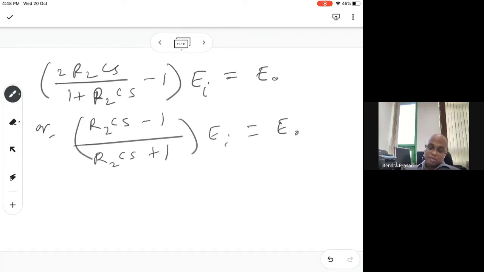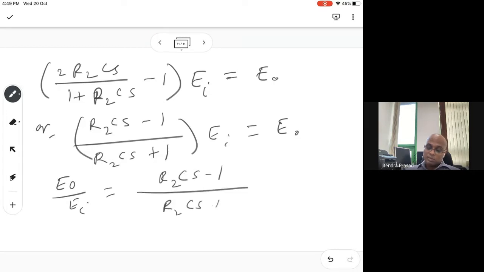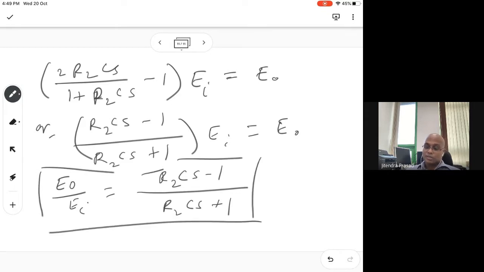Or simply E0 over E1 is equal to (R2 CS minus 1) divided by (R2 CS plus 1). Okay, so this is the transfer function.